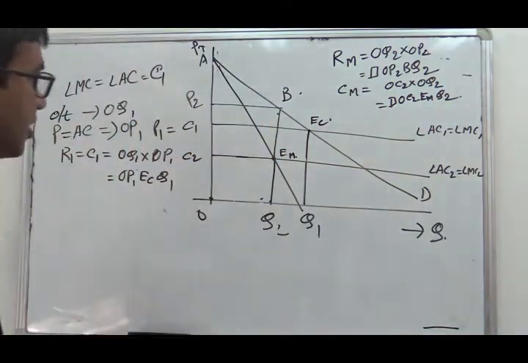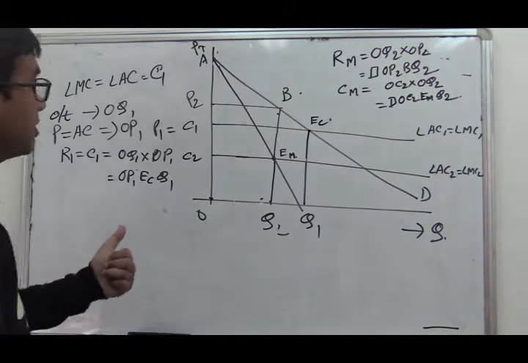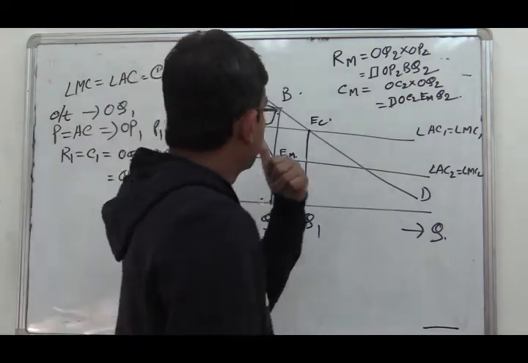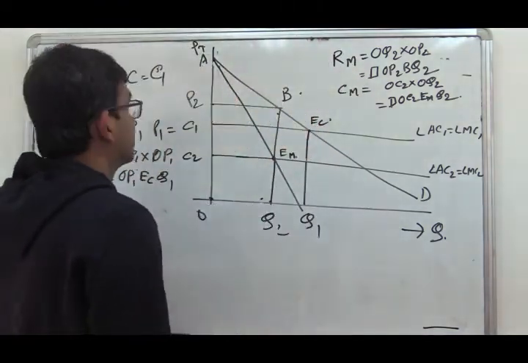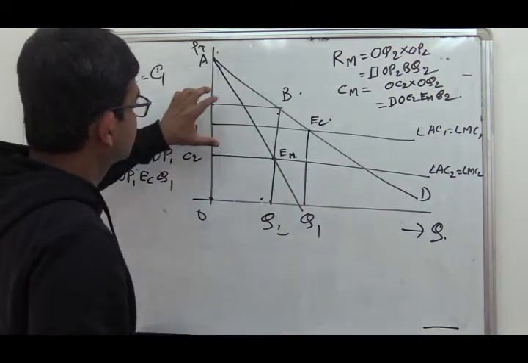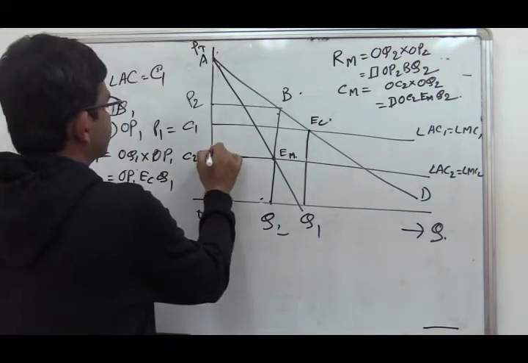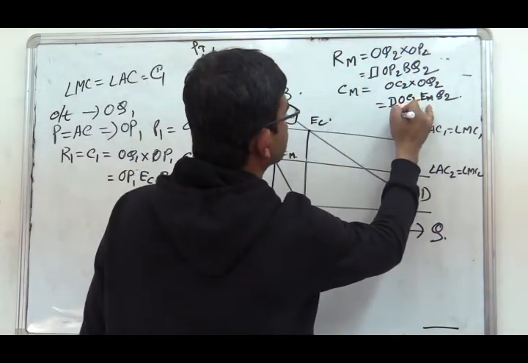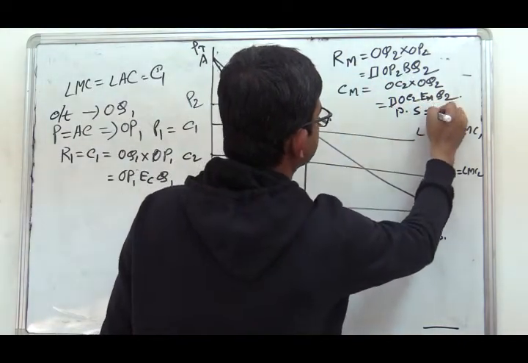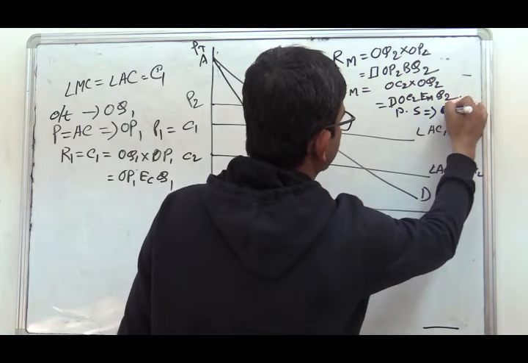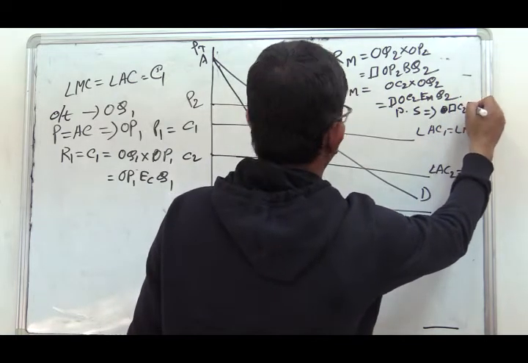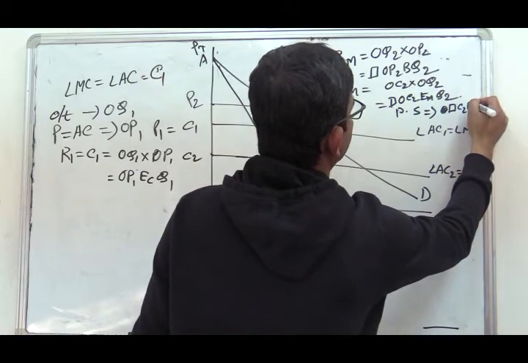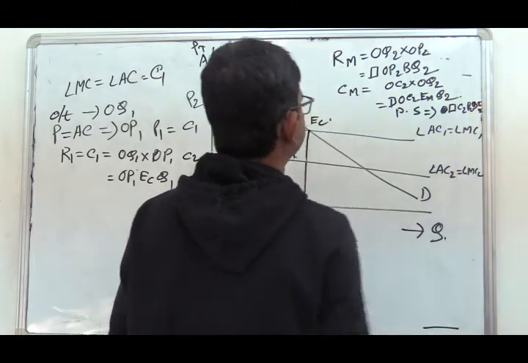So definitely the firm is enjoying some supernormal profit, which will be perceived as the producer surplus here. So producer surplus is the supernormal profit, C2P2BEM. So we can write PS equals the area of the rectangle C2P2BEM.